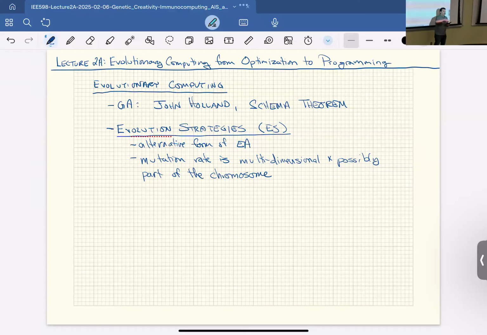But then they might, on top of that, say this individual has mutation rates for each one of those decision variables, and it can vary not only across the decision variables, but across individuals. So I might have a mutation rate for number of wheels on my ground robot, and that mutation rate is going to vary from another individual.